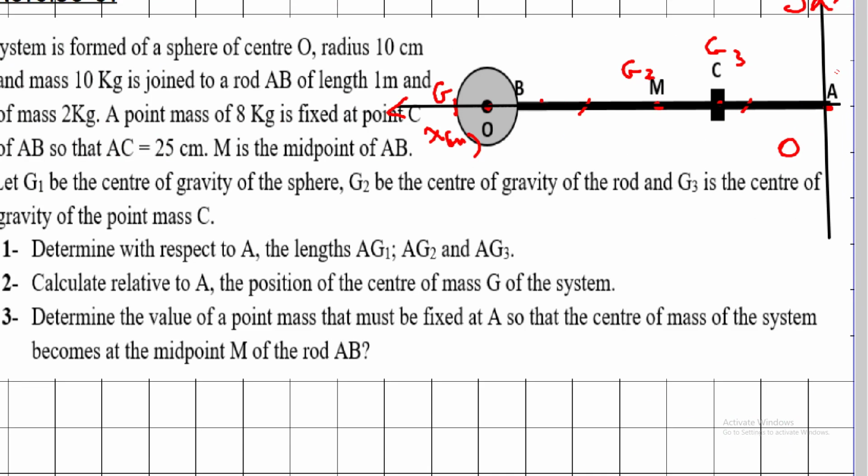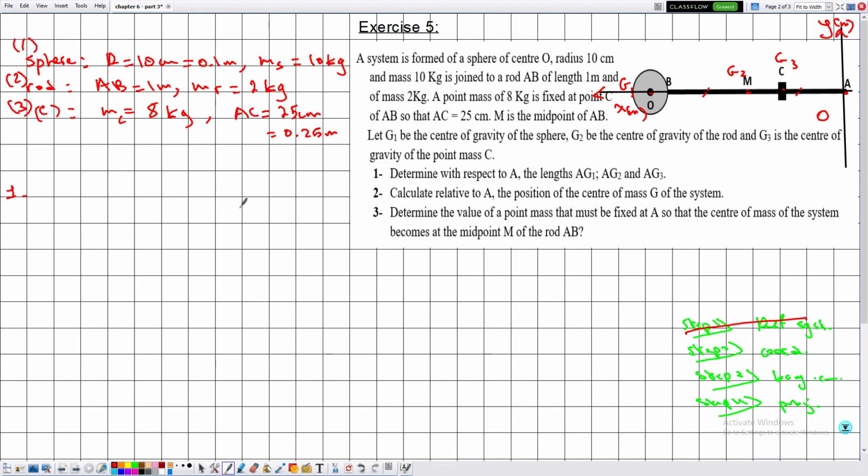So AG1 is the length from the point A to the point G1, which is AB plus BG1. So in this case, AG1 is equal to AB plus BG1, which is equal to 1 plus.